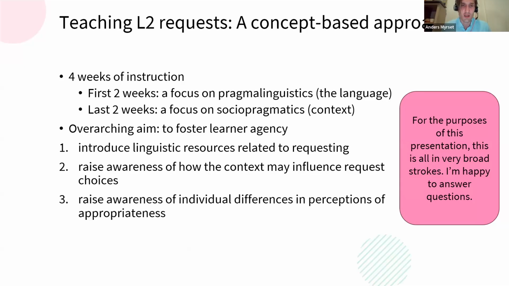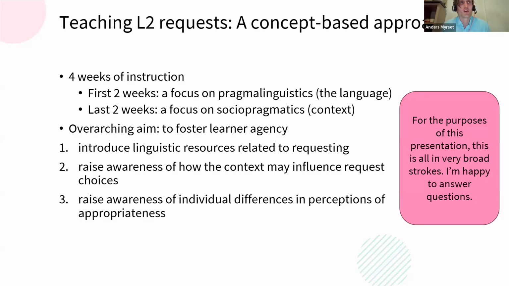Like I said, there is a lot of overlap between the two, so we didn't treat them completely separately. If it was necessary to also talk about the context when we had a focus on pragmalinguistics, we would. And obviously, with the focus on socio-pragmatics, we would bring in linguistic resources in that part as well. But the overarching aim of this instruction was to foster learner agency.